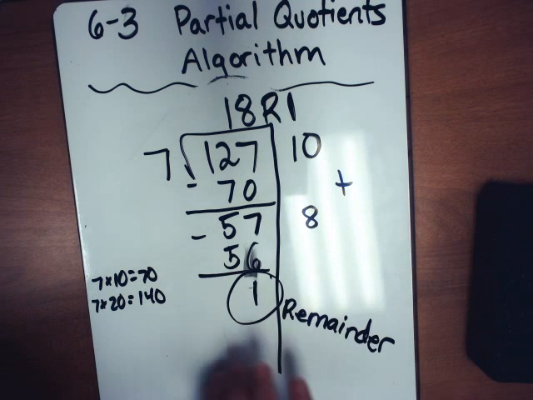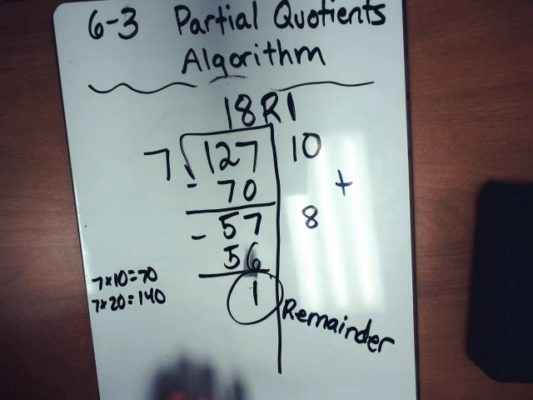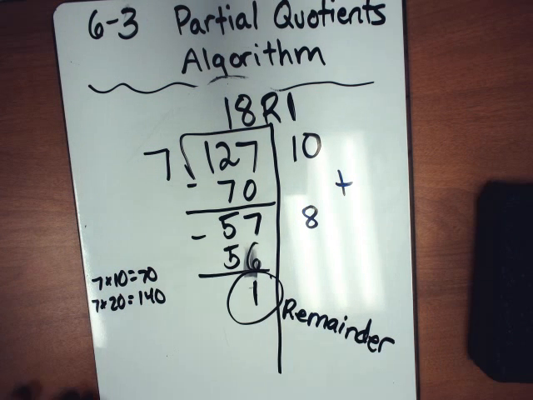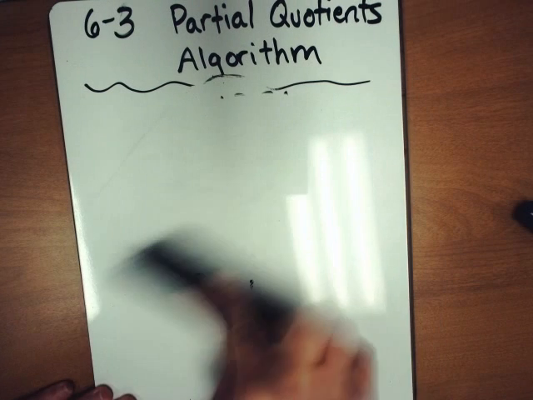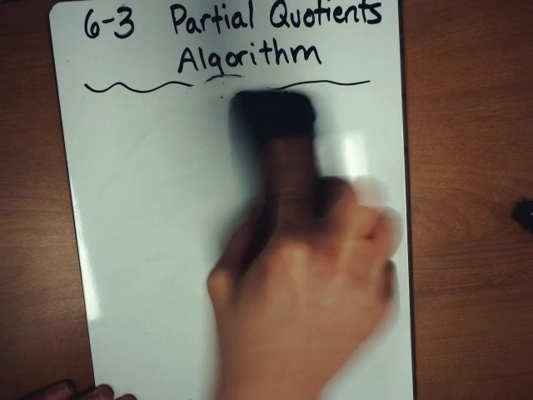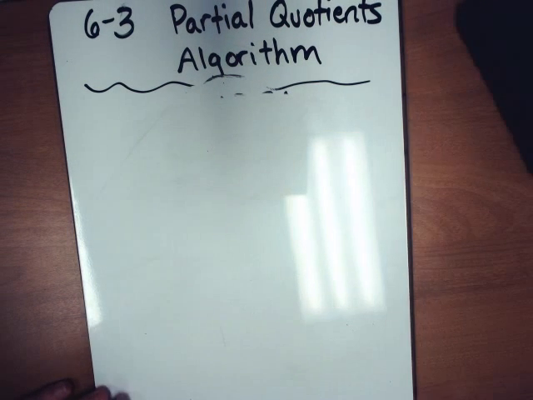There's lots and lots of different ways that you can solve using the partial quotients algorithm. But either way, you're going to get that same answer. Okay, so let's go ahead and do one more. And this time I want you to give it a try on your own. And when you're done, you can unpause.